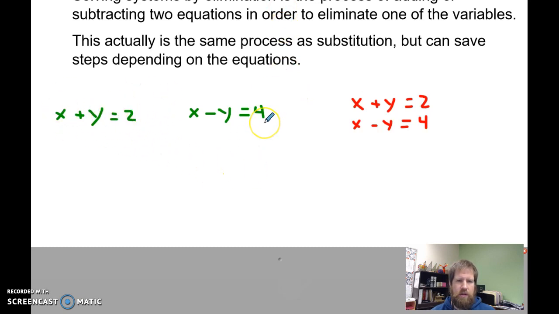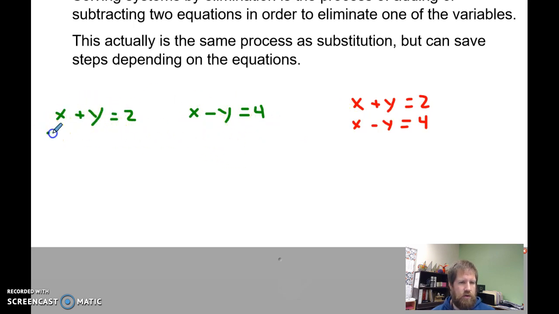So for substitution, what we're trying to do is isolate one of our variables. I could isolate either variable. Looks like possibly the x is going to be easier, but just because of the way this is going to work with my elimination, I'm going to choose the y.